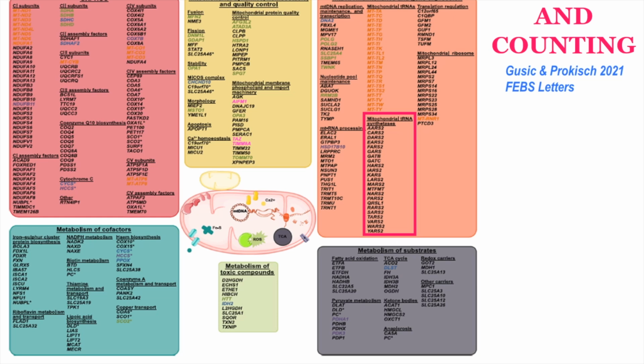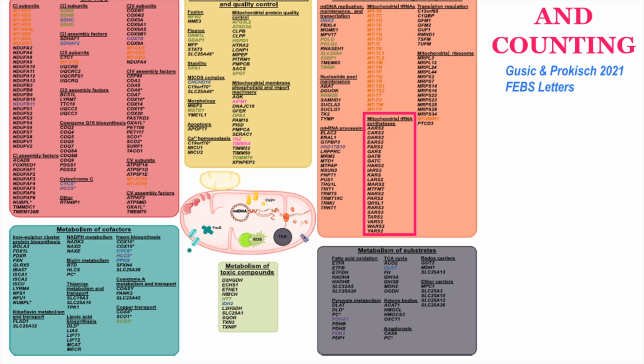And here we have genes that control things like the morphology, like the fission and fusion. Then we have genes that control mitochondrial DNA maintenance and gene expression. And again, some of these are mitochondrial encoded, all of the mitochondrial tRNAs, but many of them are nuclear.